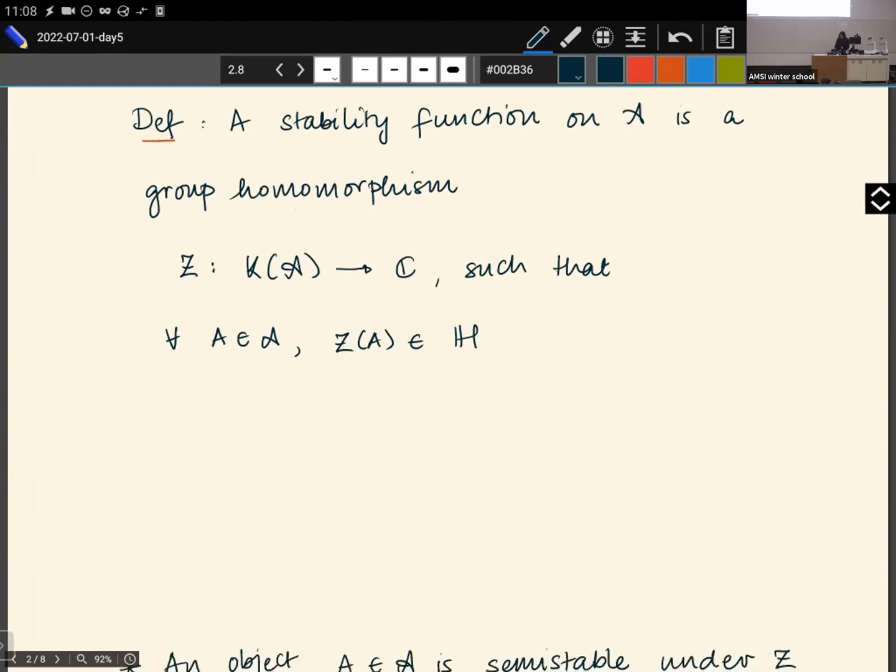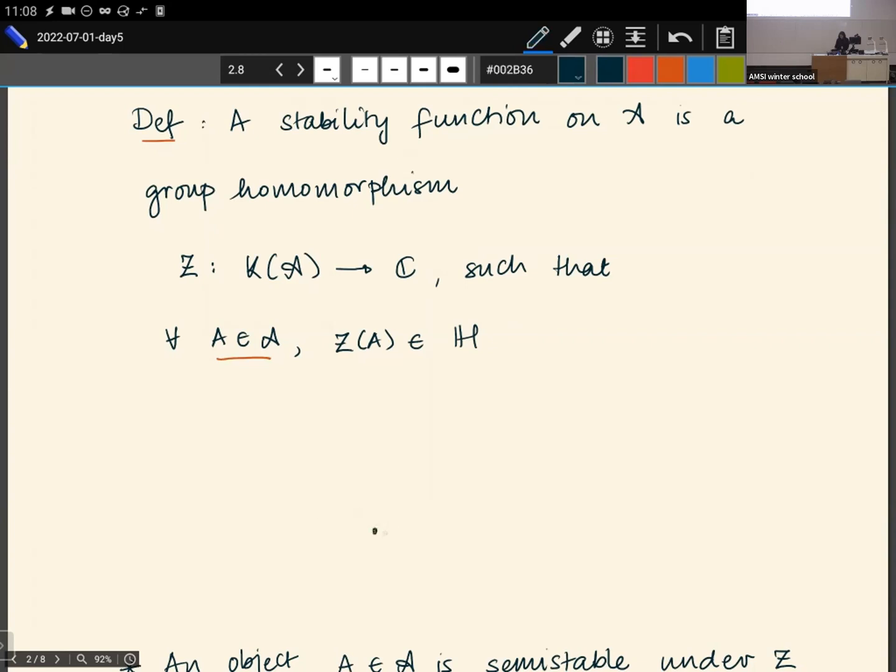Okay, and there's an extra condition. The other thing I want here is that if I have any object in my abelian category, I want to send it to a complex number that lives in the upper half plane. So I'll draw a picture of this. Often it's very nice to just draw pictures of stability functions like this.